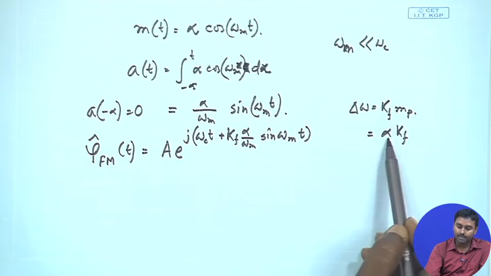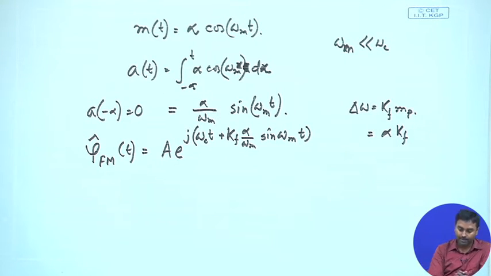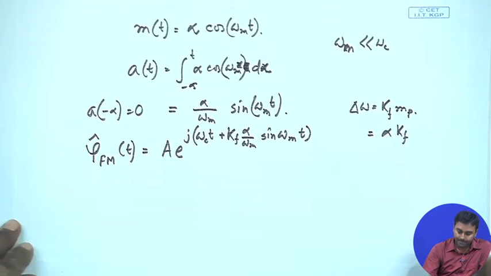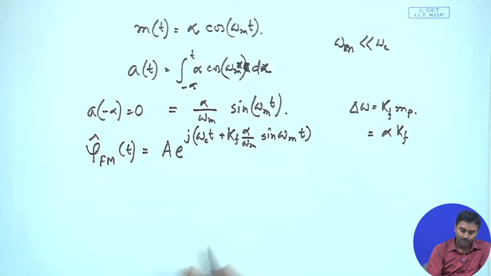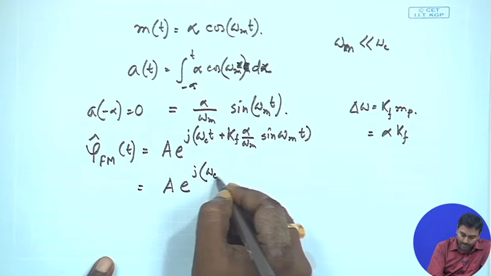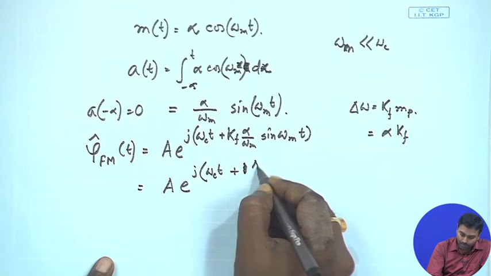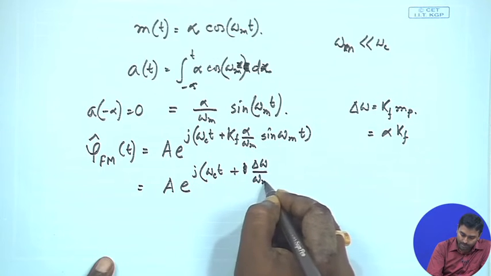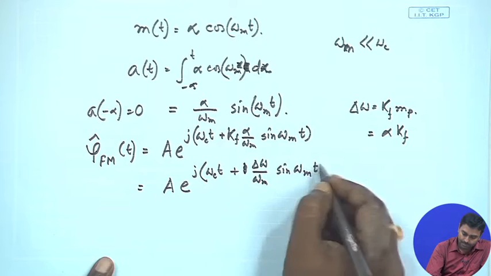So, mp becomes alpha, and I can write del omega in terms of alpha and kf. So, kf into alpha I can immediately write as del omega. So, I can write this as e to the power j omega c t plus kf into alpha, which I can write as del omega divided by omega m, sin omega m t, right.